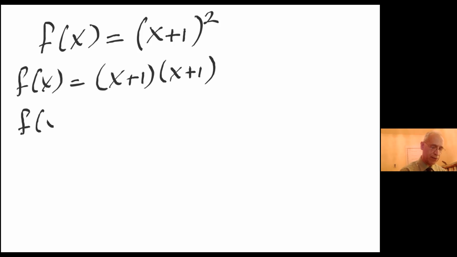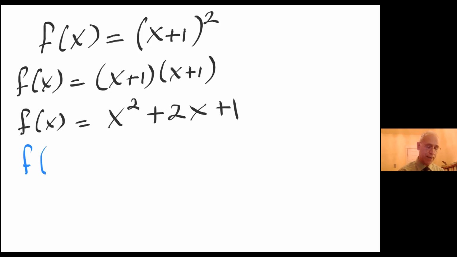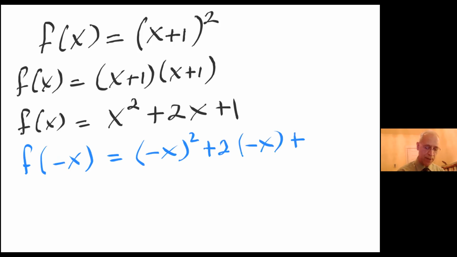So f of x equals x to the second plus 2x plus 1. And if I change my x's with minus x, I would get minus x to the second power plus 2 times minus x plus 1. So f of minus x equals x to the second minus 2x plus 1.